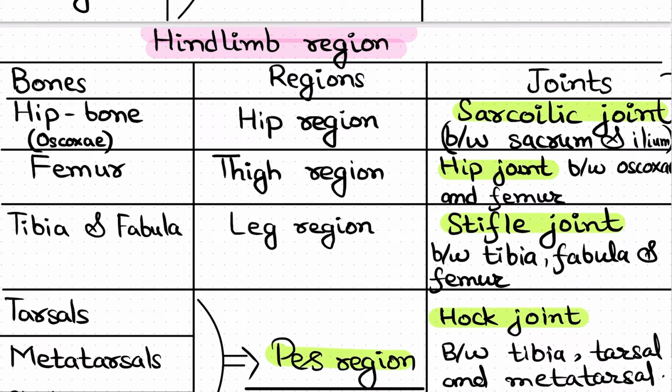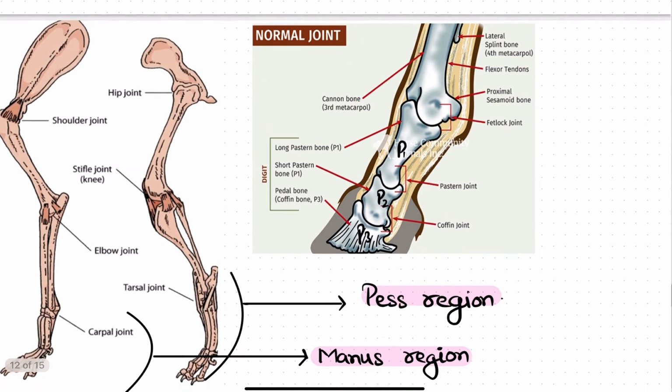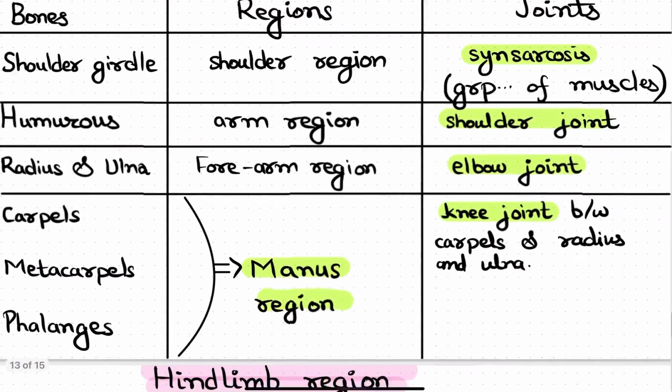Now we have certain bones, regions and joints of the hind limb. We have the hip bone, also known as os coxae. Here we have the sacroiliac joint between sacrum and ilium. This is the sacrum or ilium bone; here they are fusing and making the sacroiliac joint.